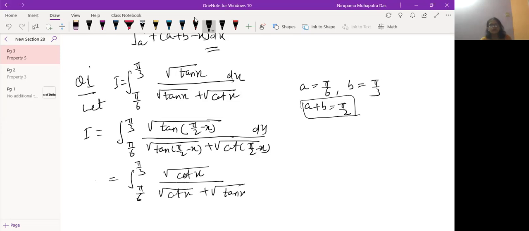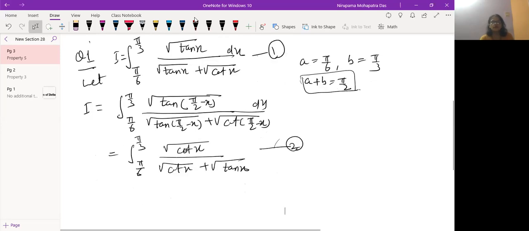Suppose I take the given integral as 1, and after applying the property, this one is 2. If you observe 1 and 2, the denominators are equal: root tan x plus root cot x, and here root cot x plus root tan x. If you add them, you will get numerator equal to denominator. So adding 1 and 2, you can get 2I.